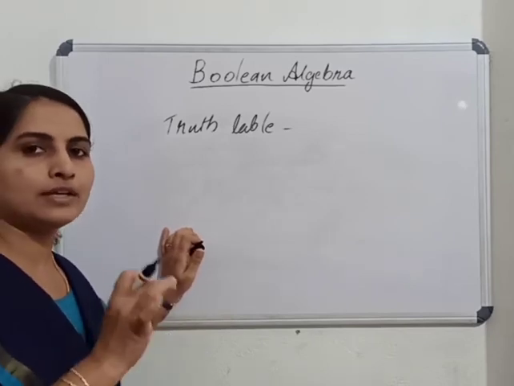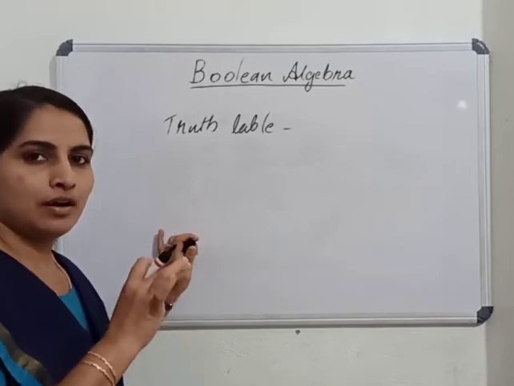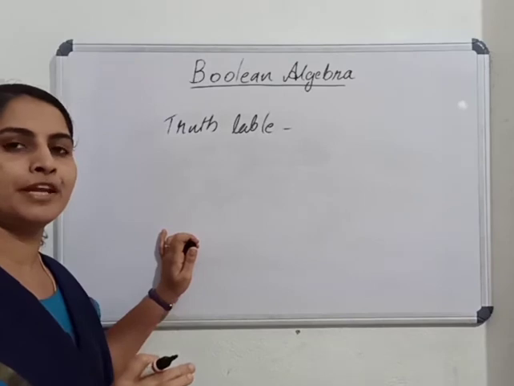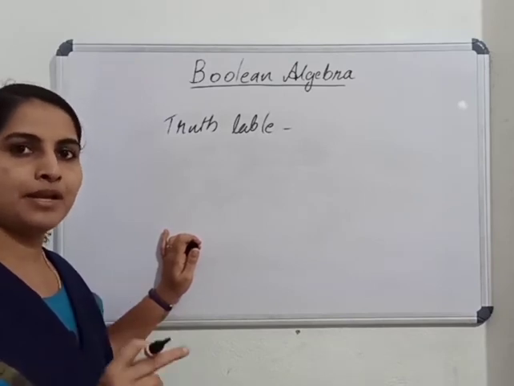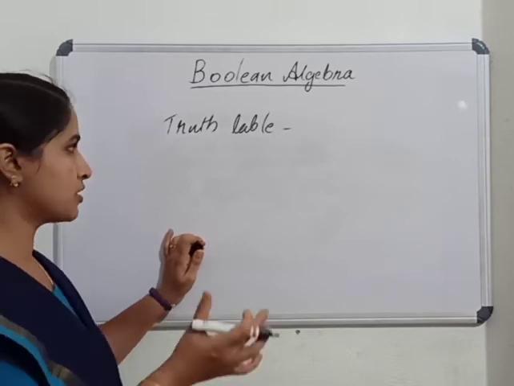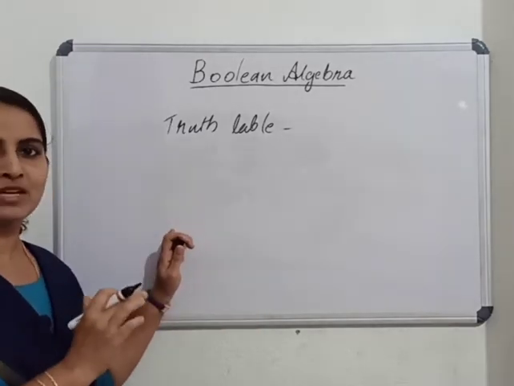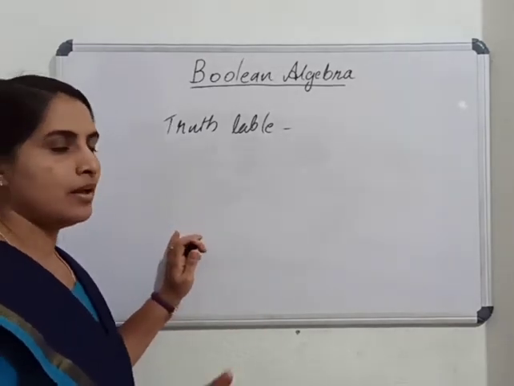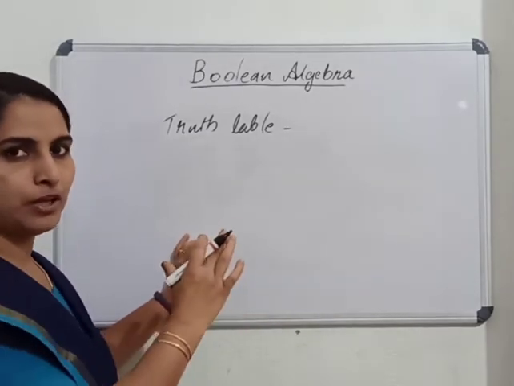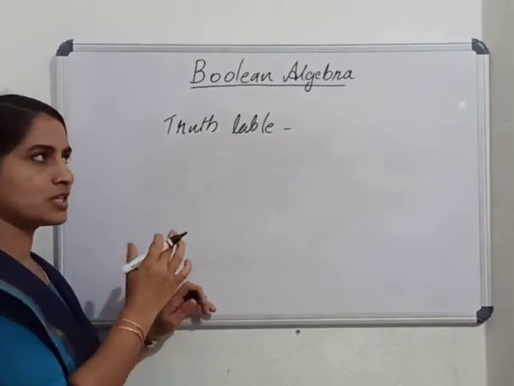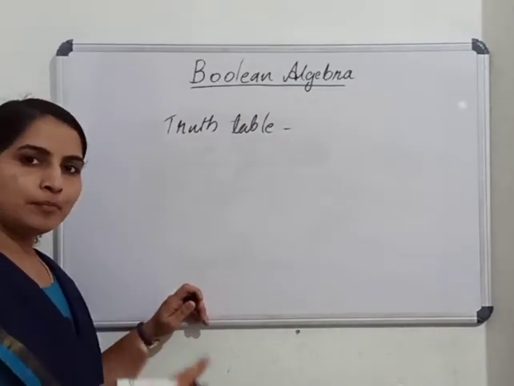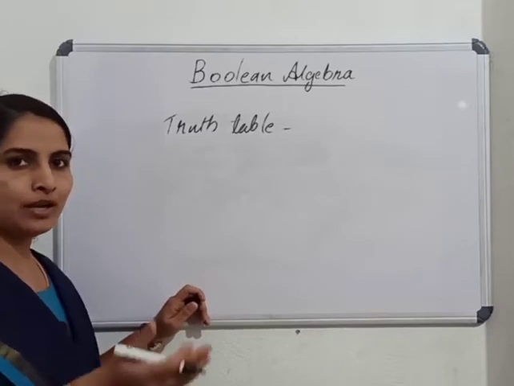All the possible combinations of the Boolean statement and the corresponding output for all these combinations is called a truth table. I will explain the truth table with an example while learning the Boolean operators. For the time being, just keep in mind that it is a table with all the possible input combinations and the corresponding output.